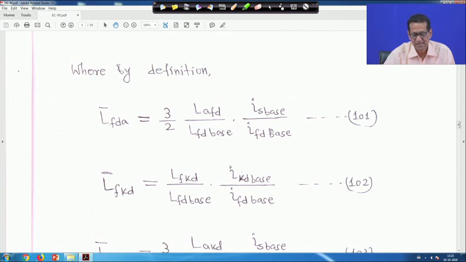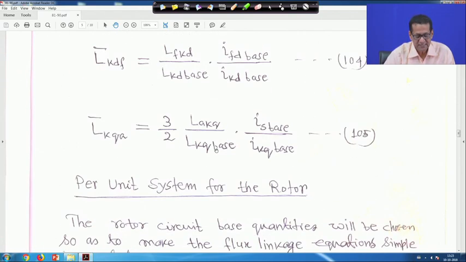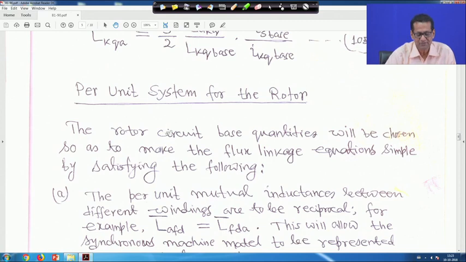Similarly, your LKQA bar is also multiplied by 3 by 2, but we have to see that things are reciprocal. That means per unit values, either referred to stator or rotor side, have to be the same, like in a transformer where I refer to the primary or secondary side. But one 3 by 2 factor is there, we have to eliminate that.